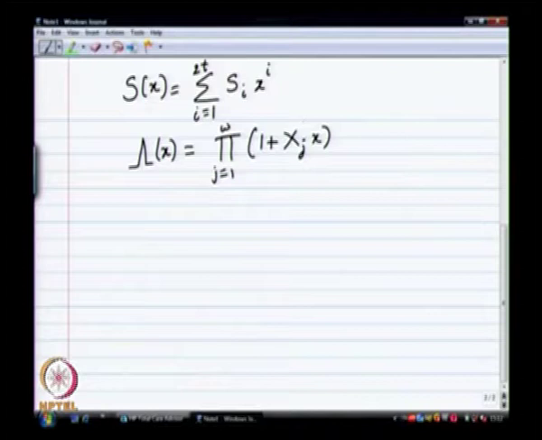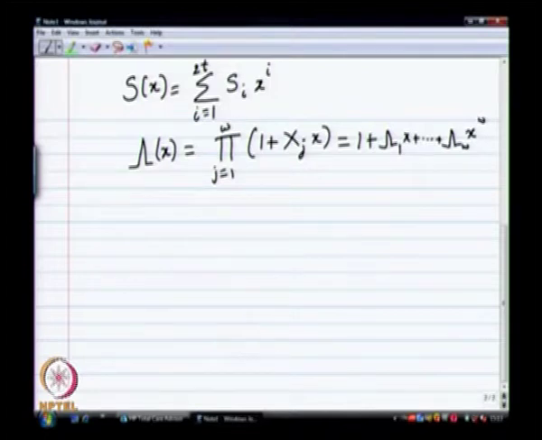Okay, so these are the two polynomials we define. We define a syndrome polynomial and an error locator polynomial, and we in fact think of this polynomial in its expanded form. It will be 1 plus lambda 1 x plus so on till lambda w x power w.